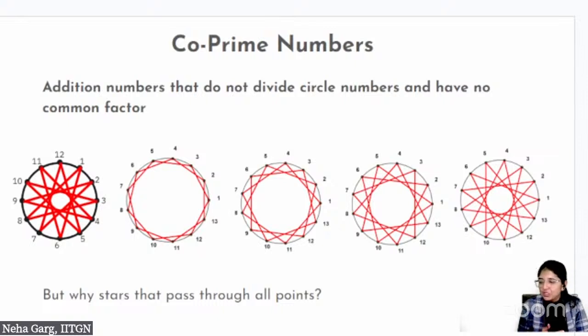So now let us imagine that I have this circle with 12 points on it. And now I open it and make a straight line. Because it is a circle, you can see I am traveling over the 12 numbers again and again. So I have created this number line here.